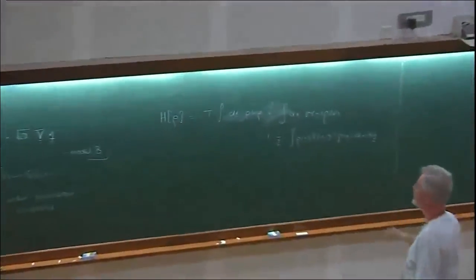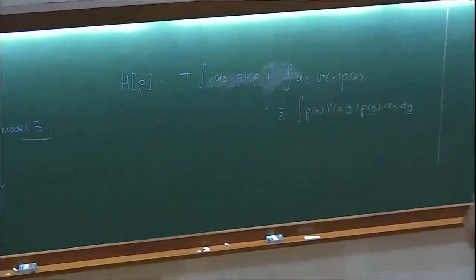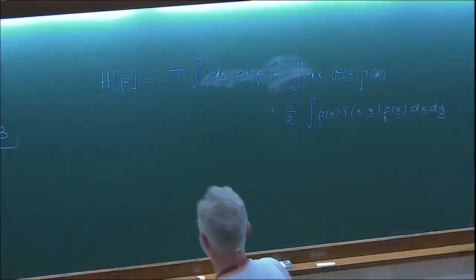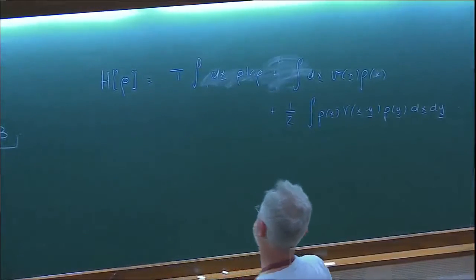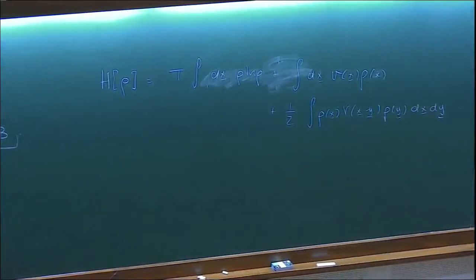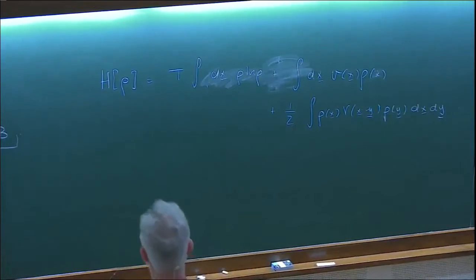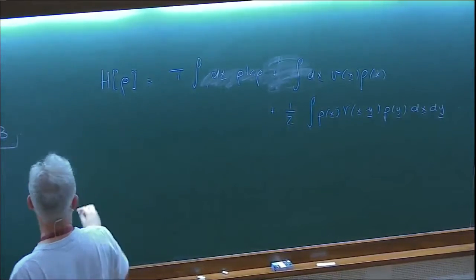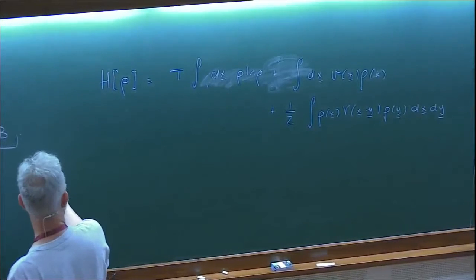This is slightly worrying because you might think, okay, this looks like mean field theory, right? How on earth, with interactions in your system, does this look like mean field theory? But what you should remember is that this rho is actually a fluctuating field in my functional integral.